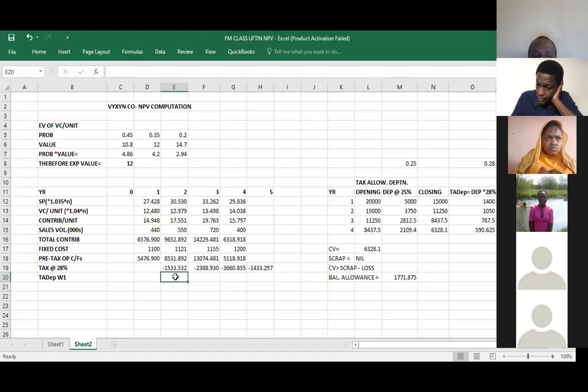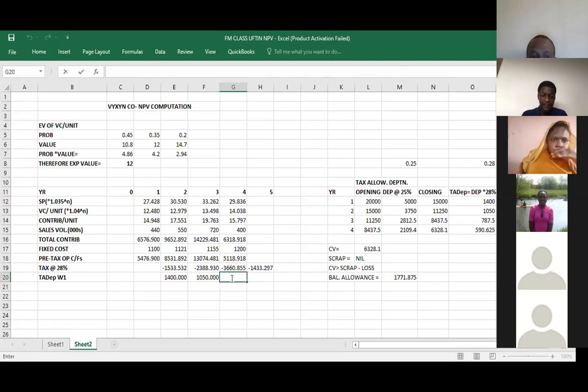So it's equal to the first one, equal to the second one, then equal to the fourth one. And then we have our balancing allowance.